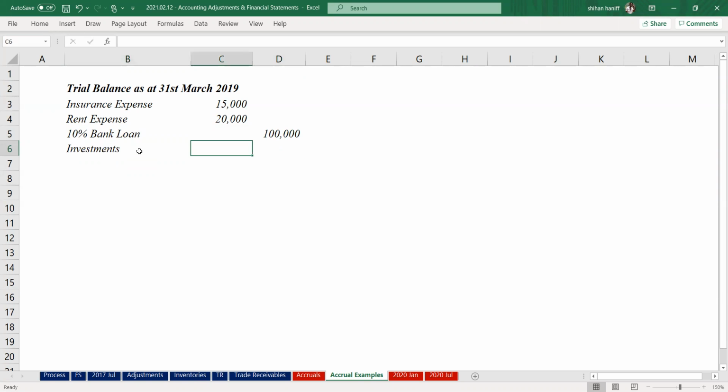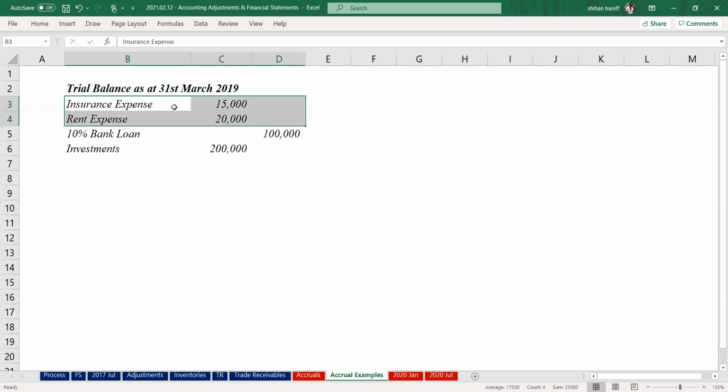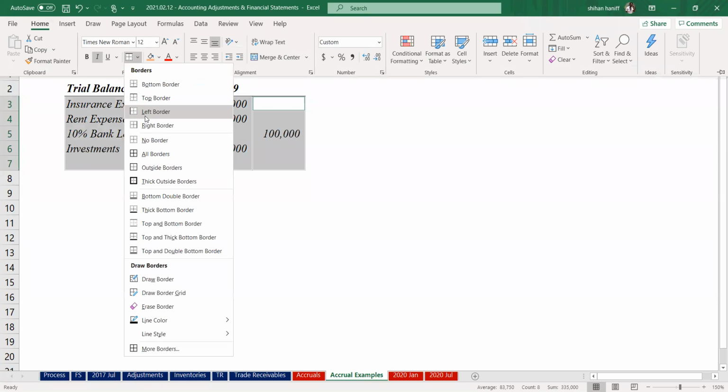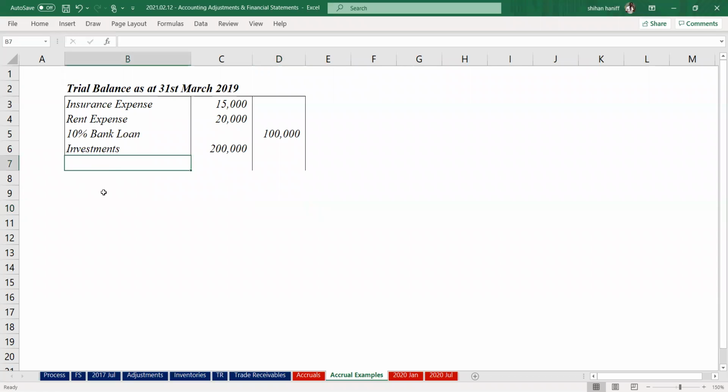Investments, 200,000. Investment, 200,000. Okay. Then the adjustment, additional information.